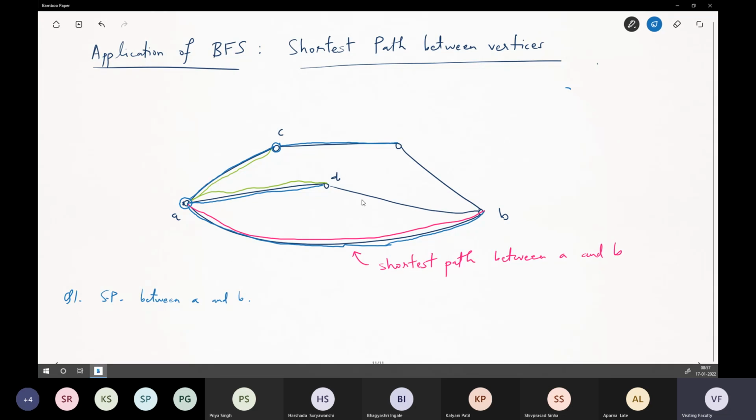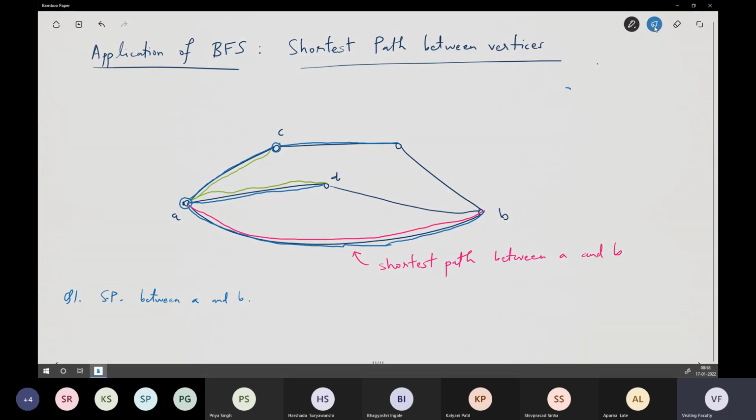So this is a spanning tree, these light blue edges, 1, 2, 3, 4. Now in this BFS, of course B has been covered once. It's a spanning tree, so given any two vertices, there is a unique path. So the path between A and B in the BFS tree is the shortest path. Do you see that? There is only one path between A and B in the BFS tree, and that path is exactly the shortest path between A and B.